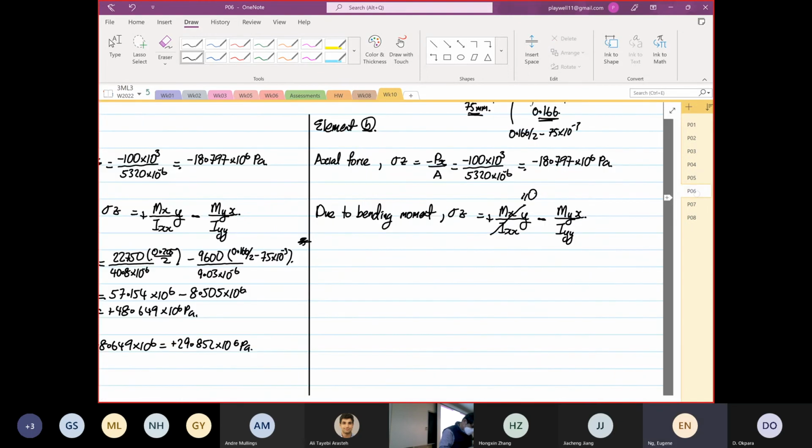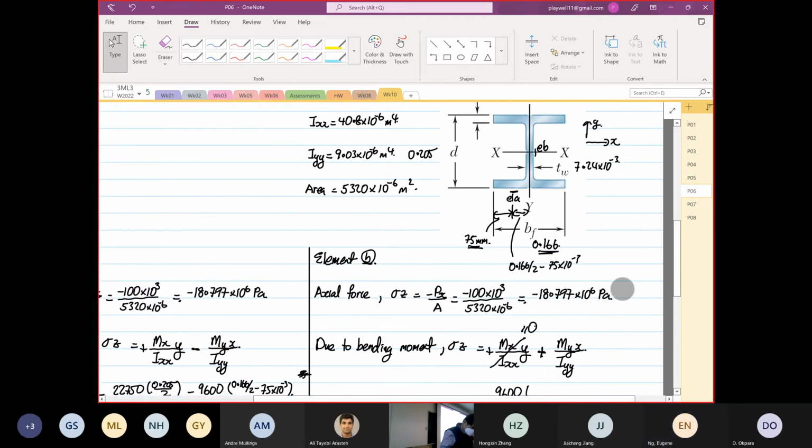Positive, so it's going to be a plus down here. This one is easy then. The moment is always the same, so My is equal to 9600 divided by 9.03 times 10 to the power minus 6, times x at B.